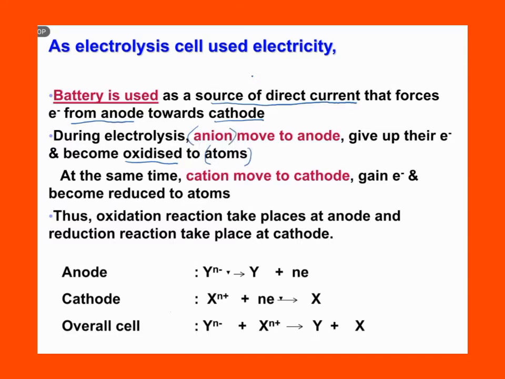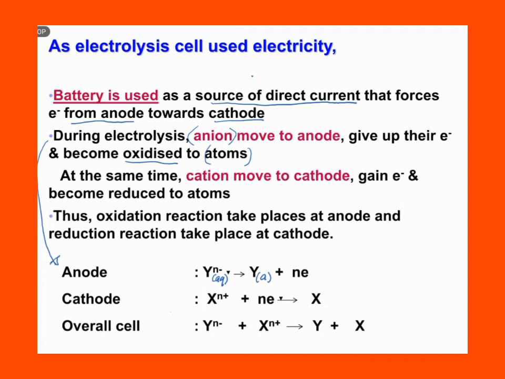The reaction when the electron moves to the anode can be written as below. So Y ion, considered as aqueous, will return to atom Y when it is oxidized.